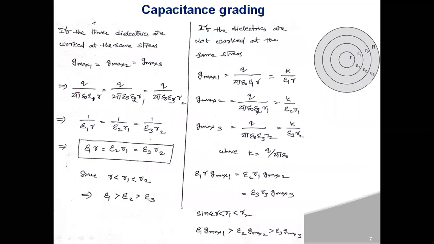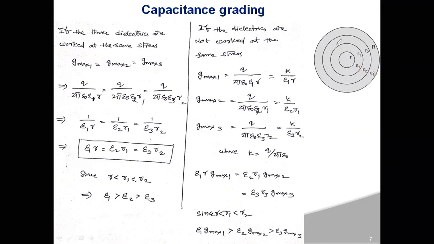Okay, let us see capacitance grading here. Suppose in capacitance grading, you assume that the three dielectrics are working at the same stress. See here. So in this figure, you are going to consider three dielectric materials which have the permittivities epsilon 1, epsilon 2, epsilon 3.